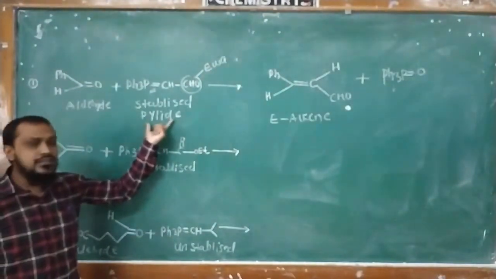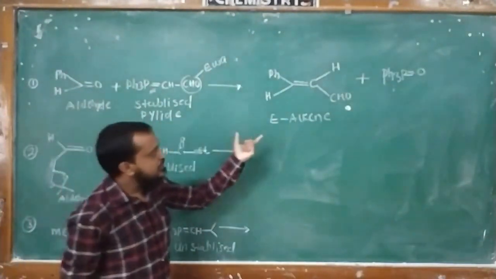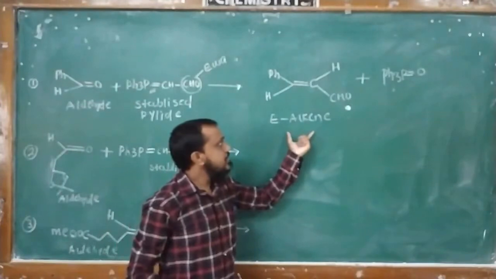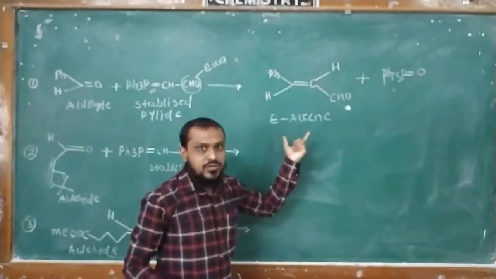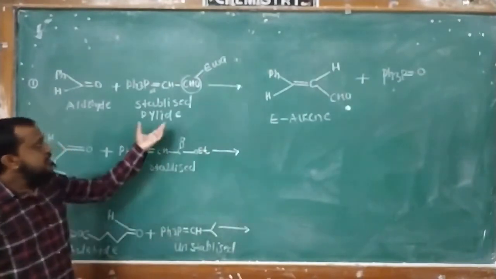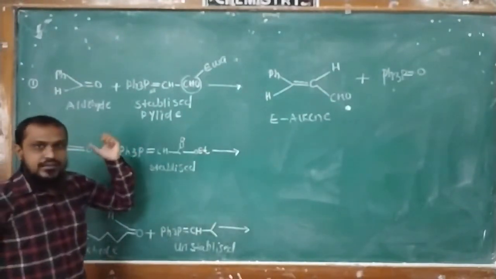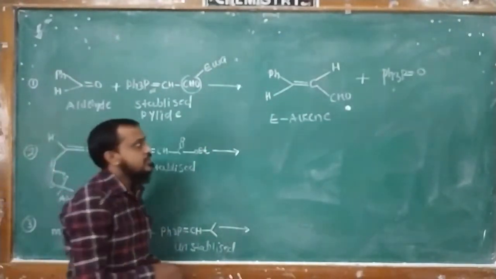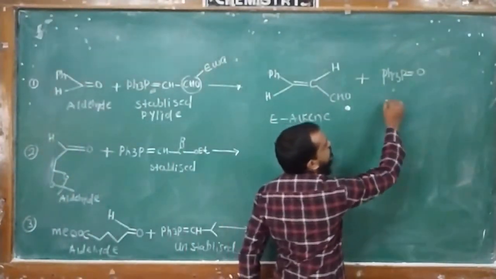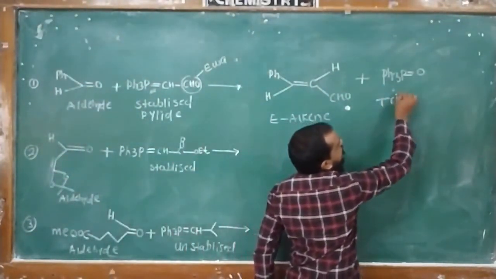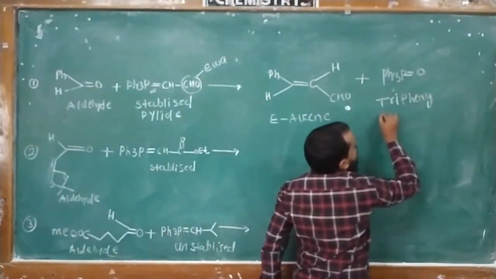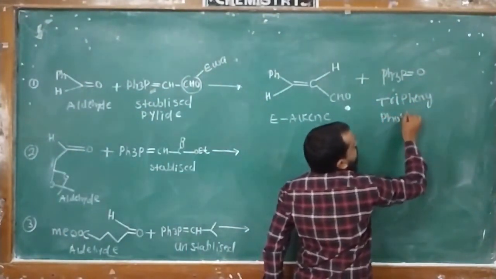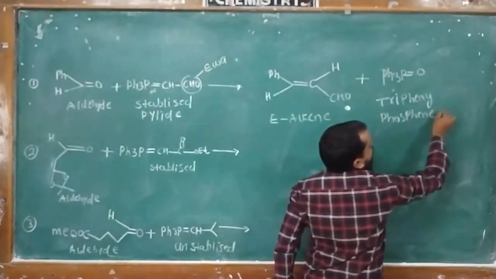Here the phosphorus ylide is stabilized, so we will get an alkene, and the configuration of the alkene is E because we used a stabilized phosphorus ylide. And the other product is triphenyl phosphine oxide.